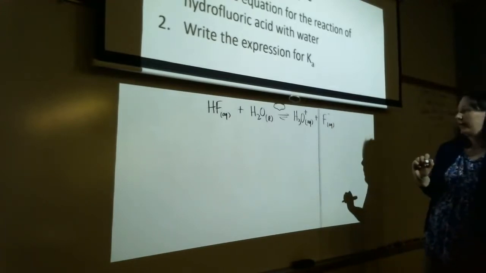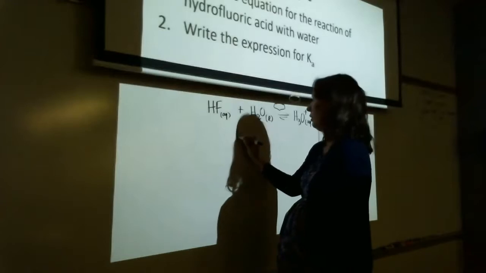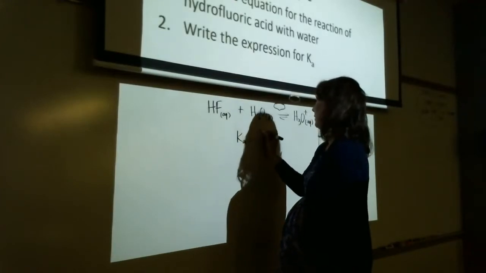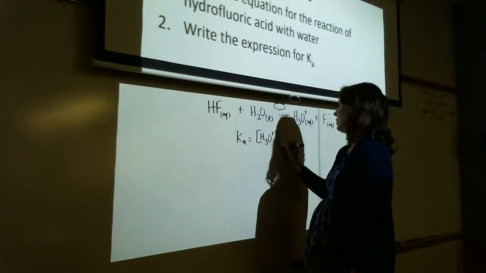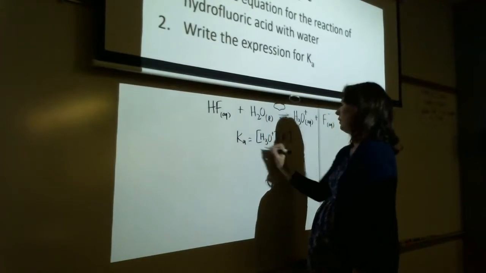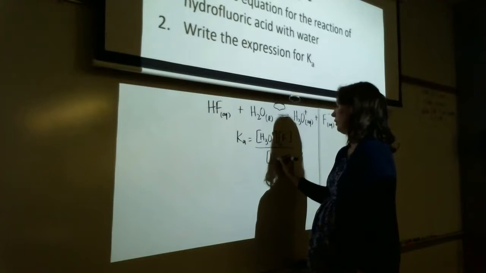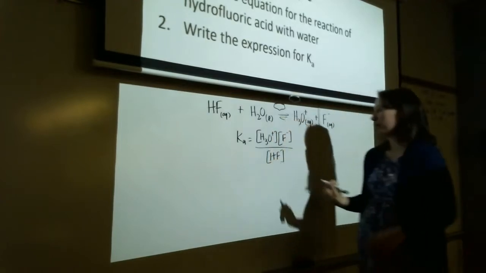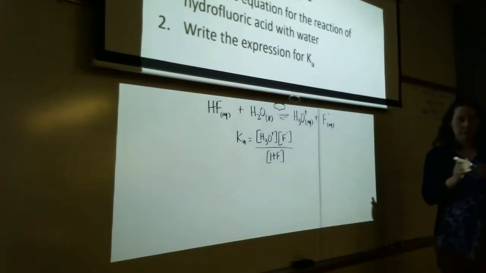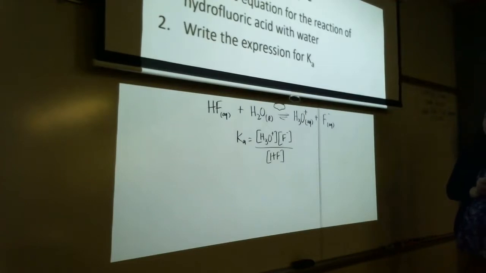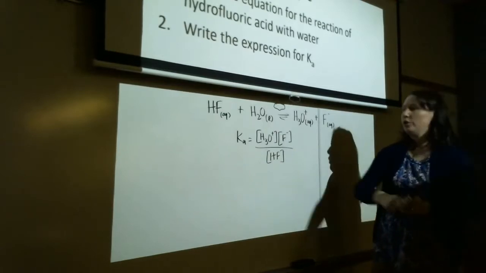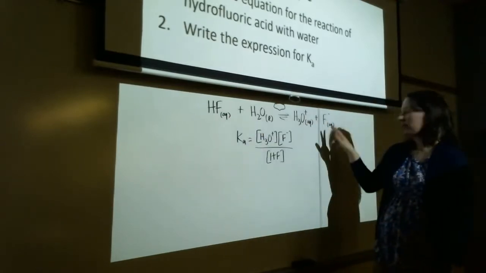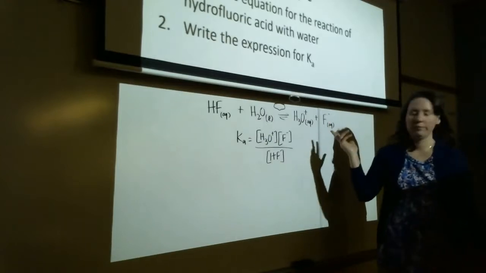Okay, so the Ka expression, therefore, would be what? Concentration of H3O plus times the concentration of fluoride over the concentration of HF, right? Does everyone see how we did that? So like I said, if you memorize the generic formula, you can plug in any anion and you're off to the races, right?